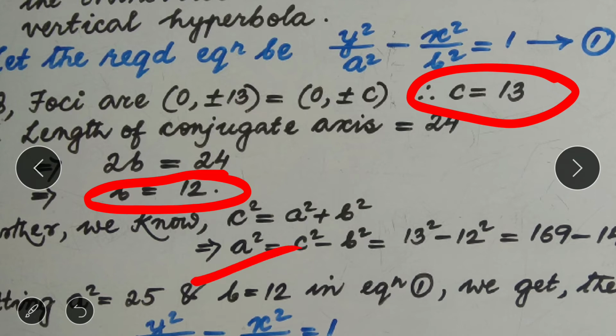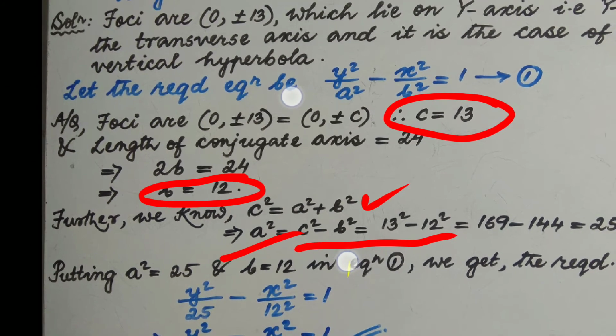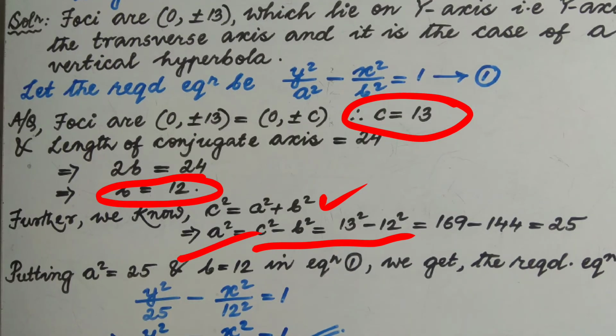How shall we find out a square? Using the formula c square equals a square plus b square. So, we put the value of c and b, and we get the value of a square. Last step, we put back the value of a square, which we got as 25, and the value of b, 12, in equation 1.